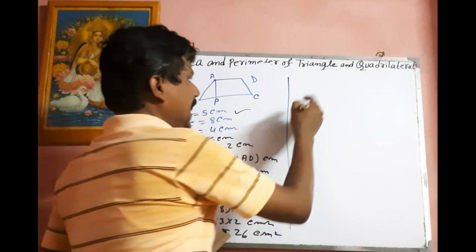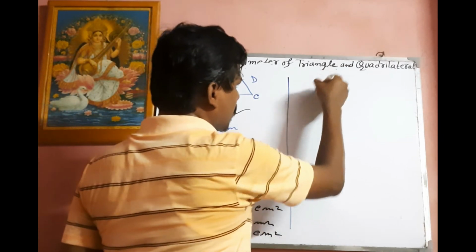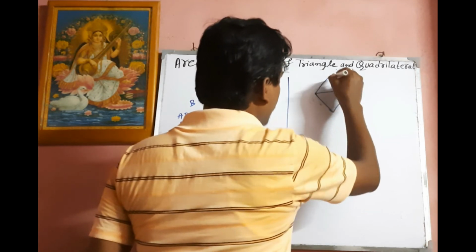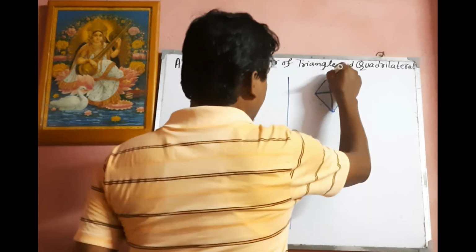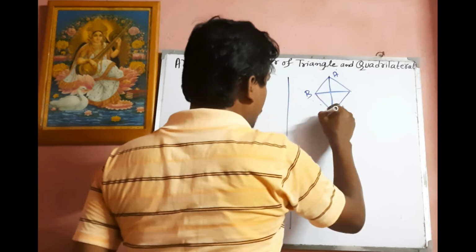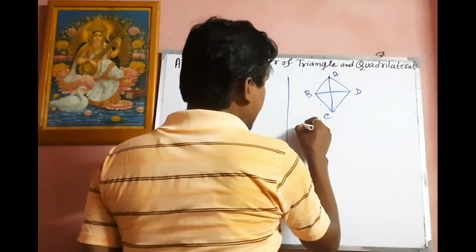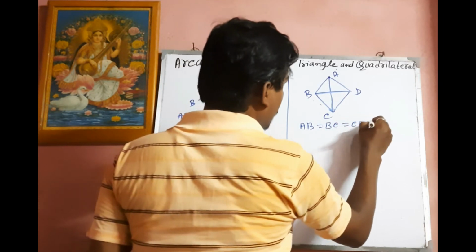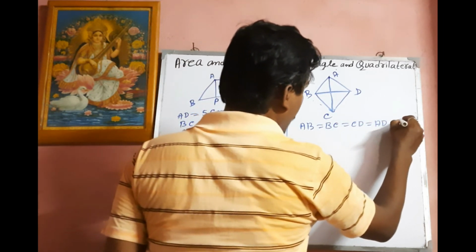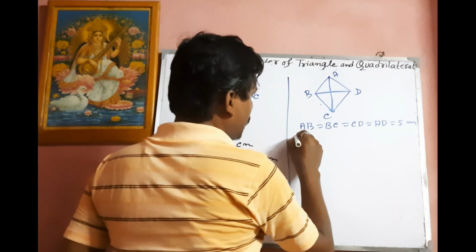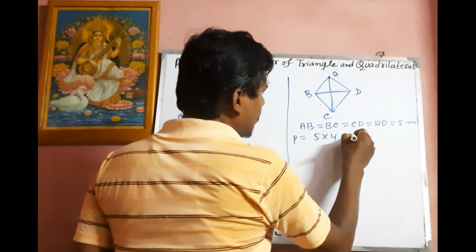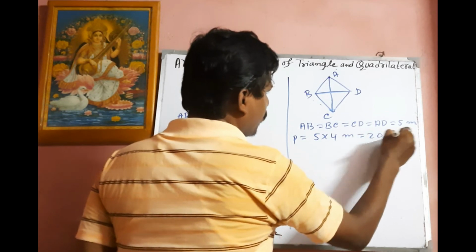Now we move to the next part, that is the rhombus. Suppose a rhombus ABCD is given, and the sides AB equal to BC equal to CD equal to AD equal to 5 meter. Then the perimeter will be 5 into 4 meter, that is 20 meter.